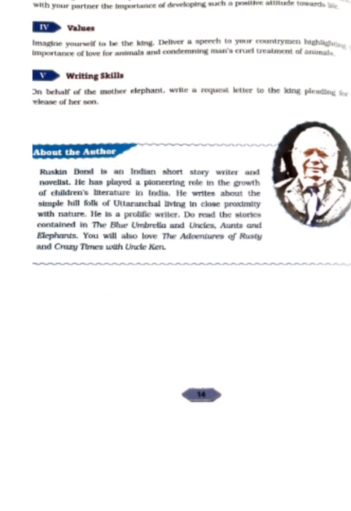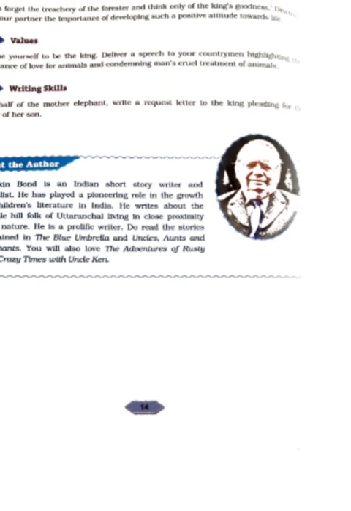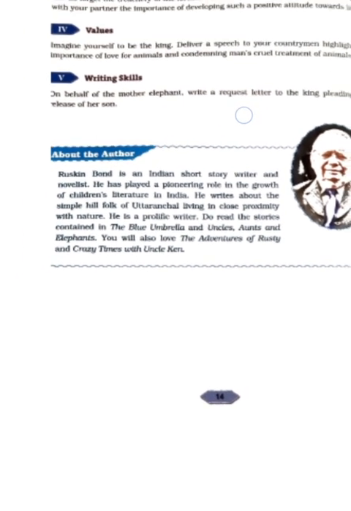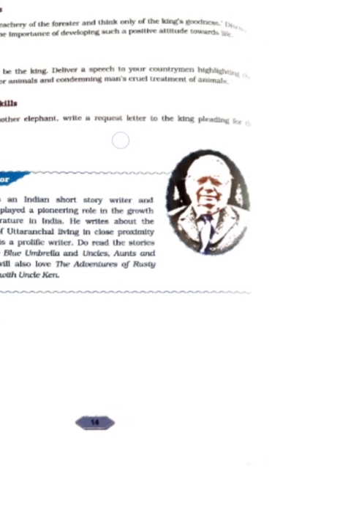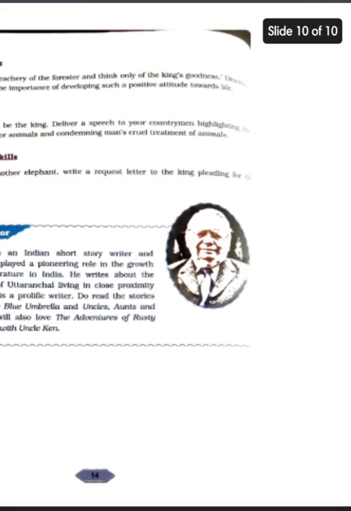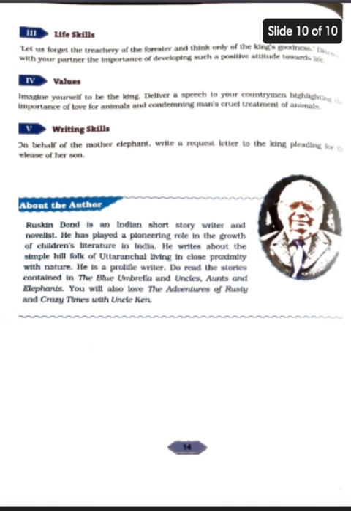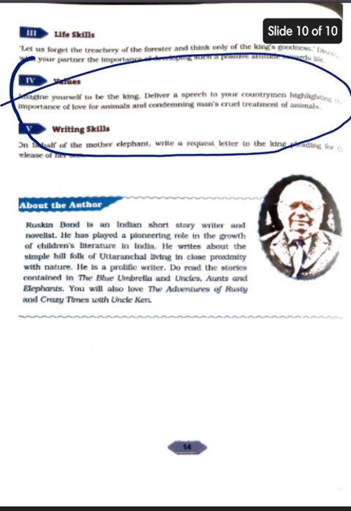Imagine yourself to be the king. Deliver a speech to your countrymen, highlighting the importance of love for animals and condemning man's cruel treatment of animals, right? So you can prepare your speech like that: my dear countrymen, like we humans have feelings, the same feeling is possessed by animals too.